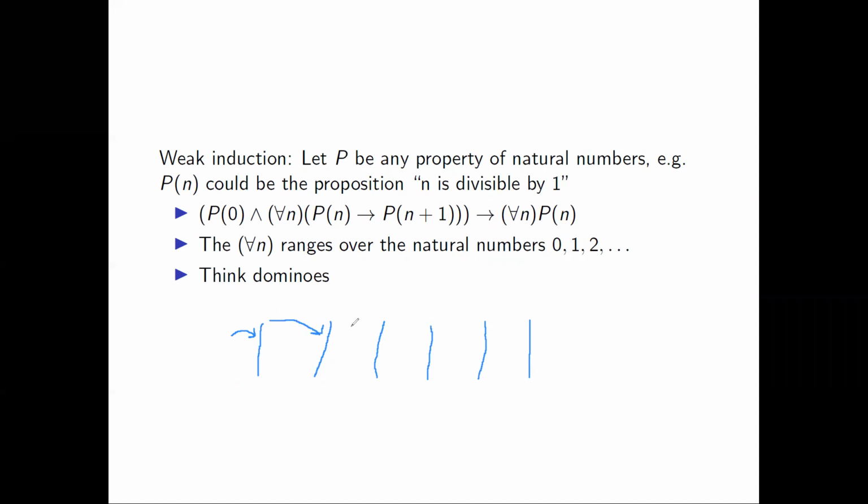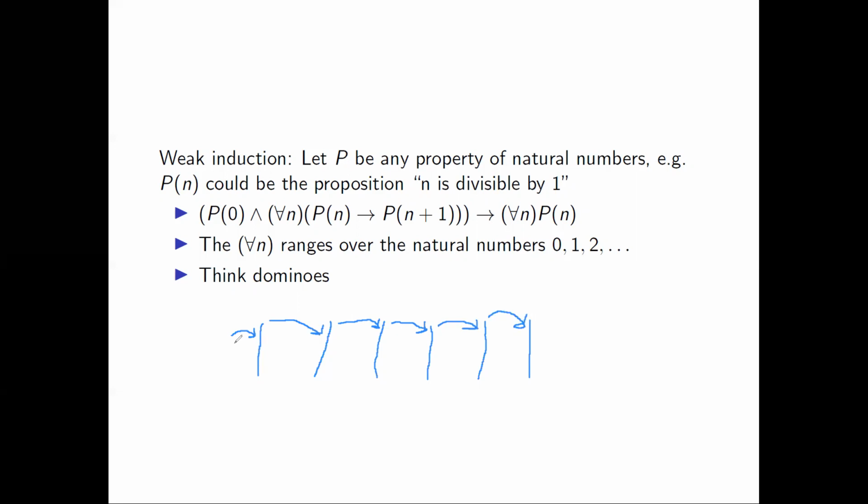And the way that the first domino knocks over the second one, that same way that we arranged the first one with respect to the second one, we can arrange the second one with respect to the third one that way too. So the second one will knock over the third one, the same way that the first one knocked over the second one. And the third one will knock over the fourth one, the same way that the second one knocked over the third one. It'll just continue like that. And that's the way that we can think about weak induction.